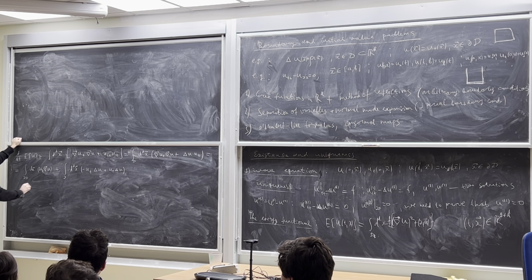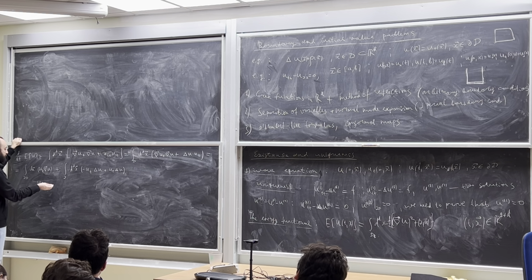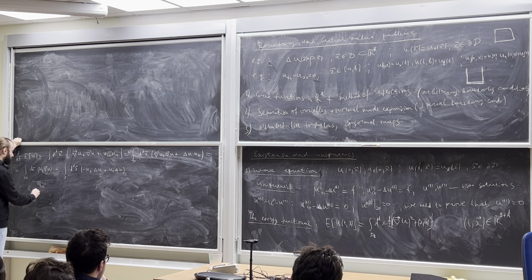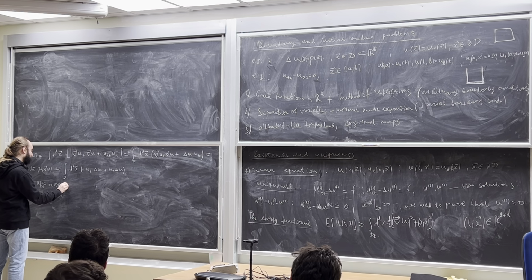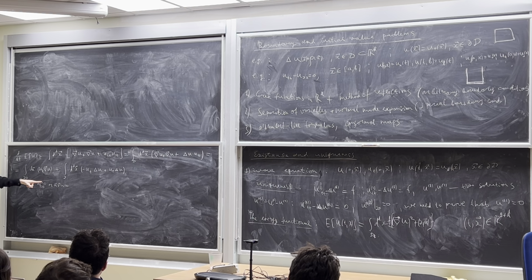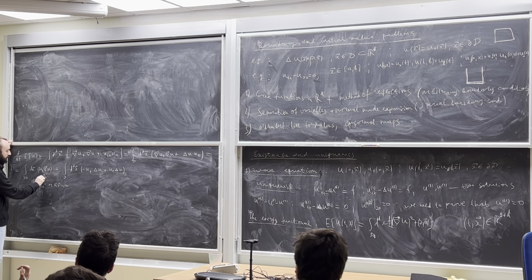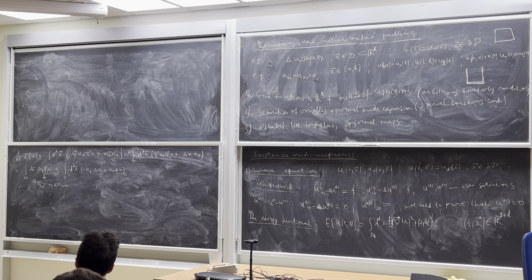But if we have u equal to 0 on this boundary, or we have n gradient of u, the normal derivative of u at the boundary, equal to 0, then this term vanishes.